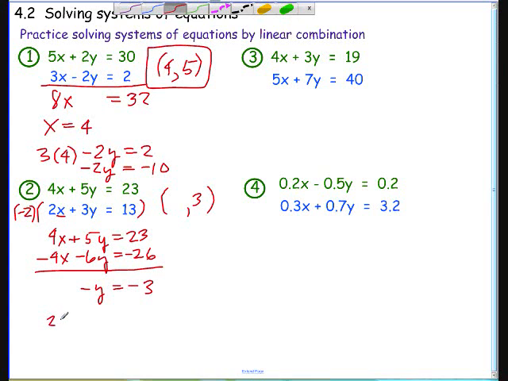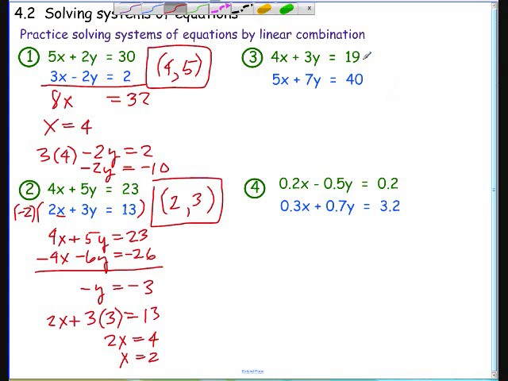So 2x plus 3 times 3, remember my y is a 3, equals 13. I subtract 9 from both sides. 2x equals 4. x equals 2. Now I have my answer.